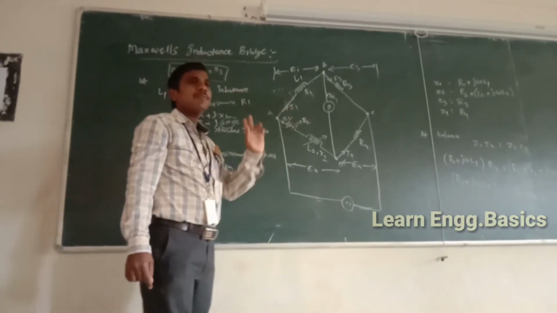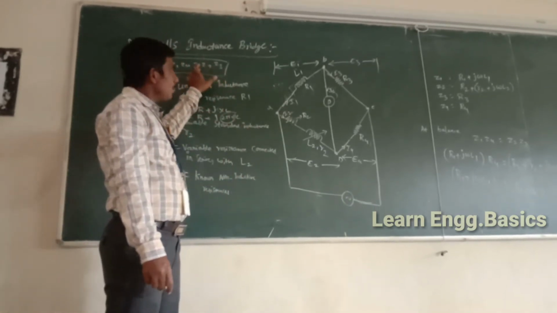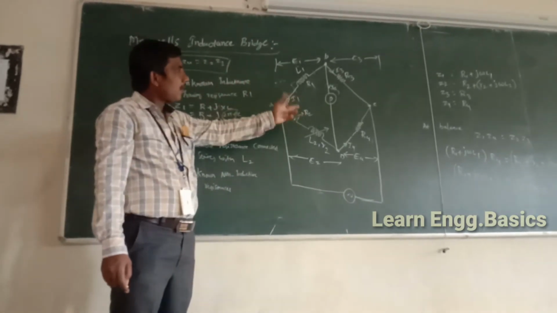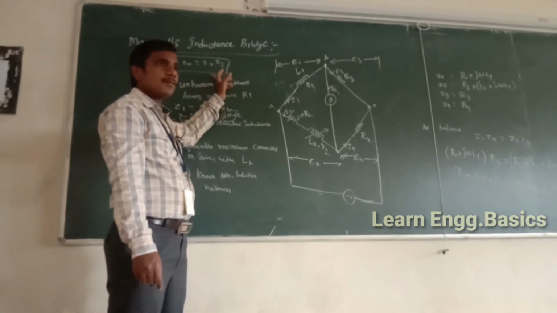Two conditions must be satisfied for AC bridge balance. One is that the product of impedances of one pair of opposite arms equals the product of the other pair of opposite arms.